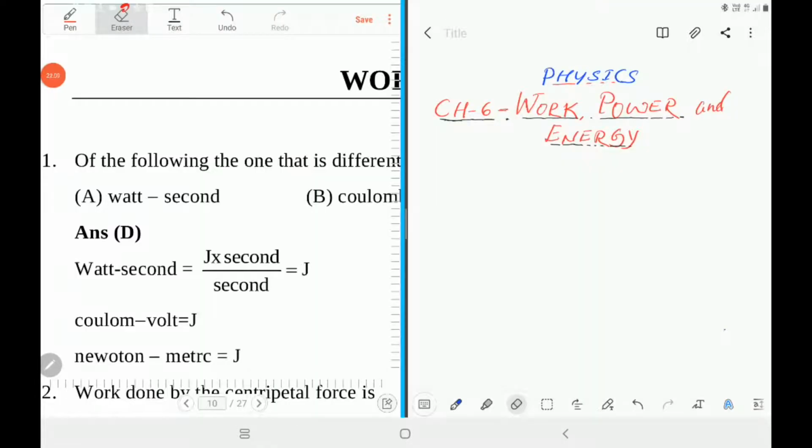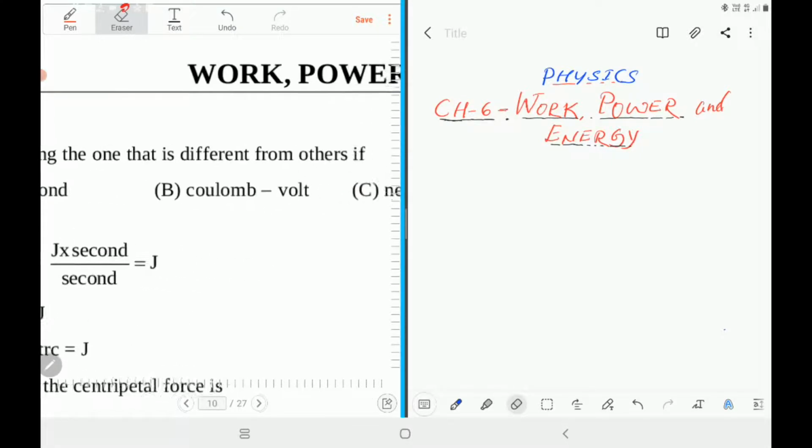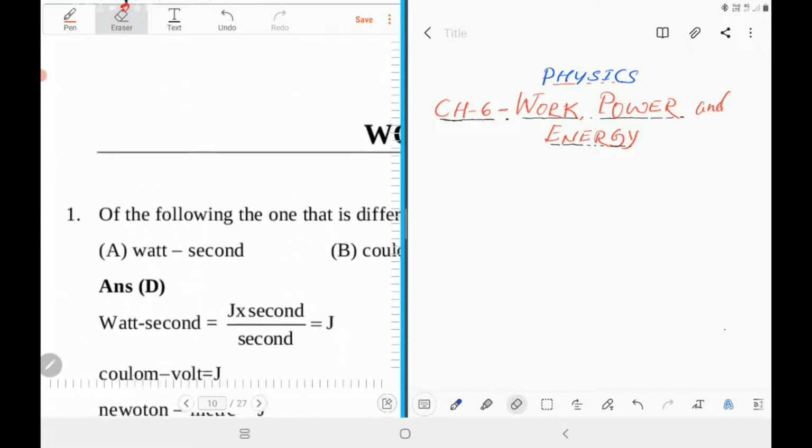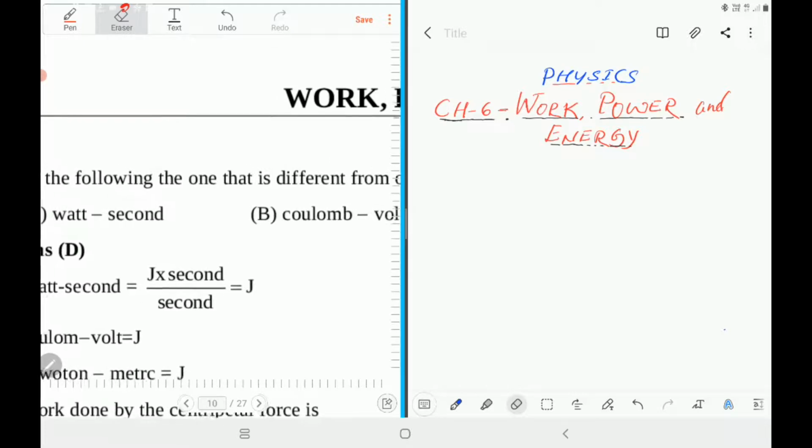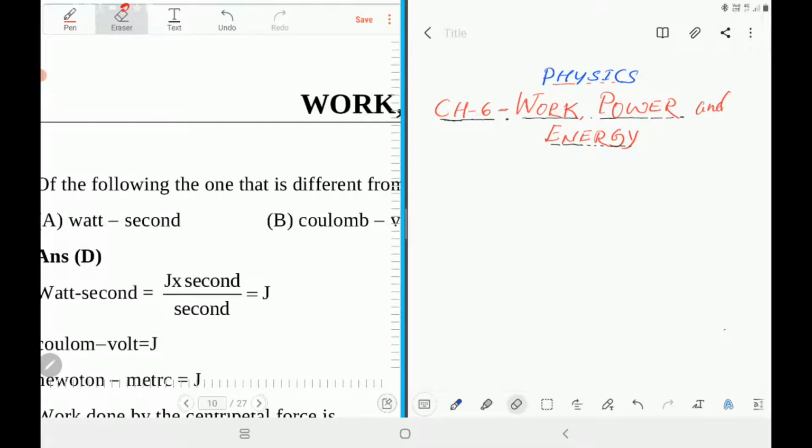Okay, students, we will see another one related to SI units. Which of the following is different from the others? Of the following, the one that is different from the others. It is based on the quantities which you learn in second PUC, which means class 12 syllabus.